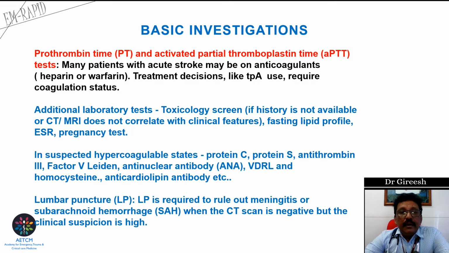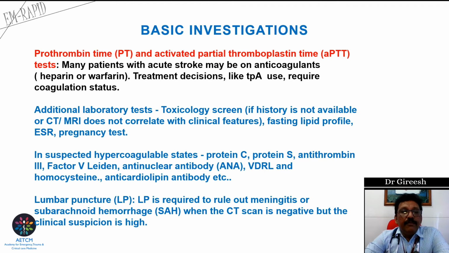Now we can ask for a prothrombin time, because patients who are on warfarin, who have liver disease, or who have chronic blood coagulation disorders have elevation in prothrombin time and activated partial thromboplastin time. So that should be done. Additional tests like a toxicological screen can be done because some patients with substance abuse can present with stroke-like features.